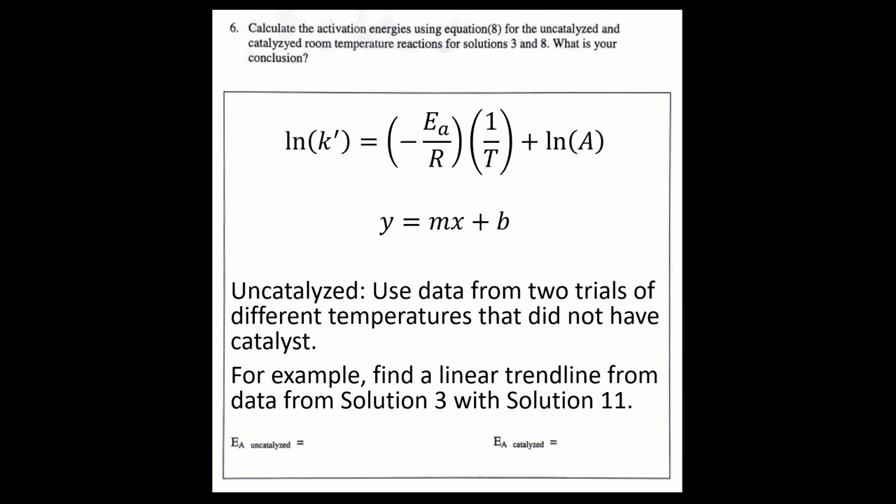More specifically, we're told that we're looking for the activation energy from solution 3. Well, that's cool. Solution 1 through 7 were all at room temperature. The problem is, solutions 1 through 9, I believe, were at room temperature.